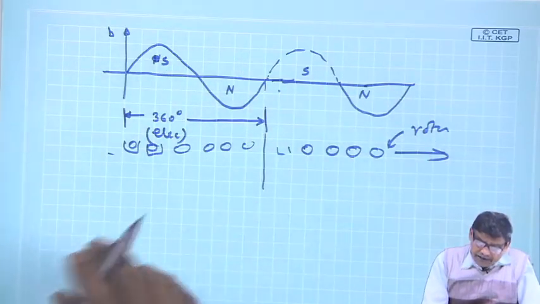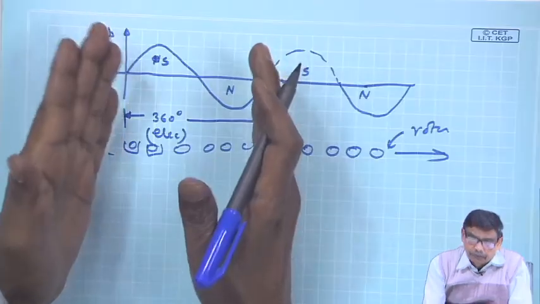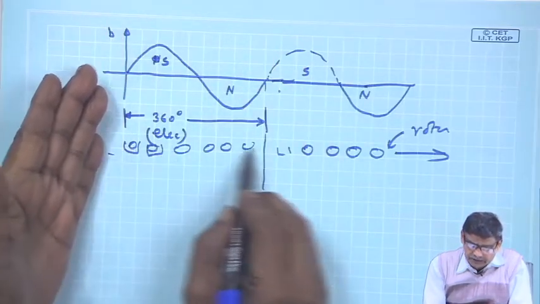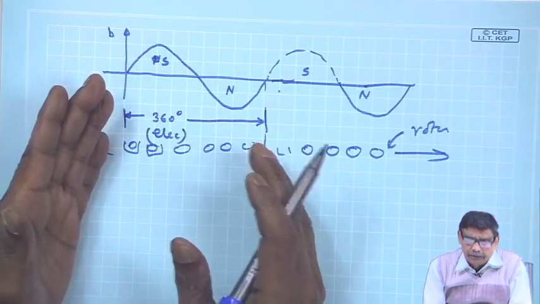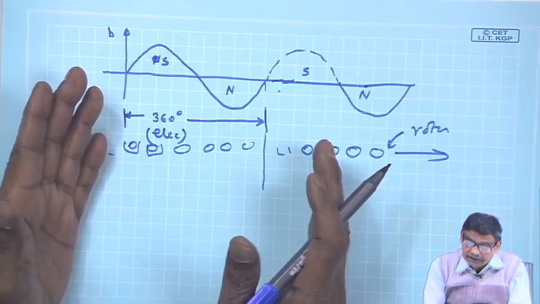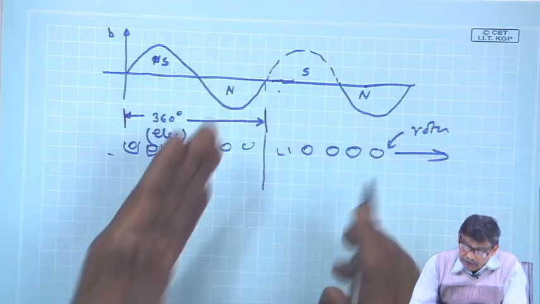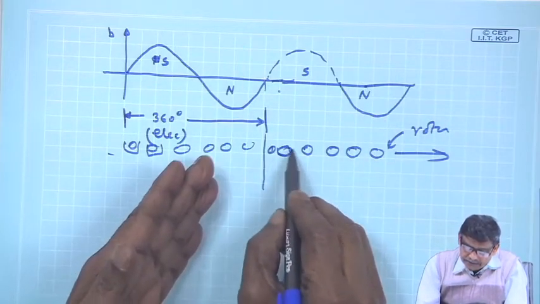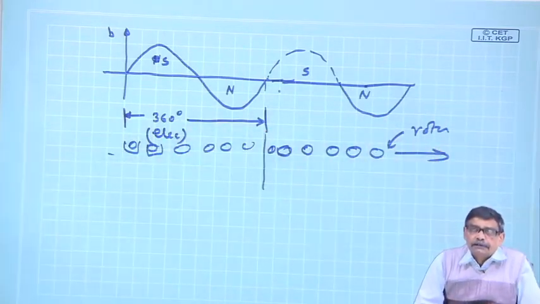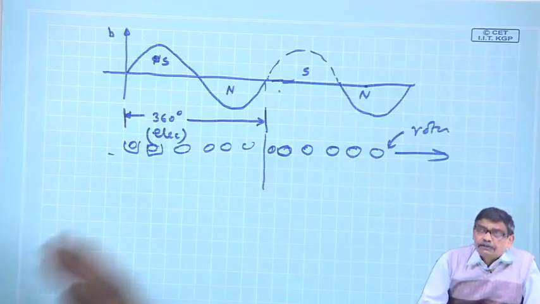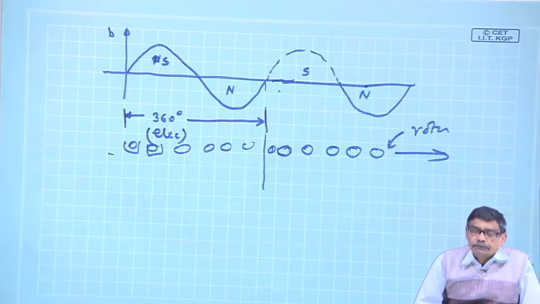What I am telling, under one pair of poles, whichever conductors are present, it is a symmetric machine, so under the next pair of poles similar conductors, the same number of conductors will be present and they are expected to carry current, that is true.